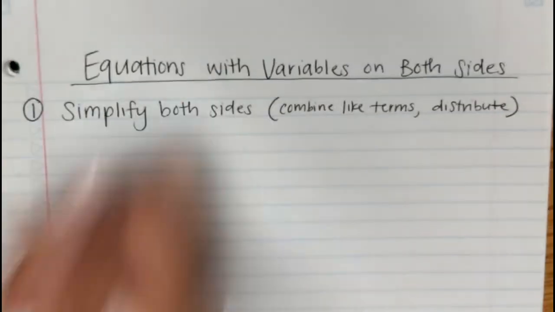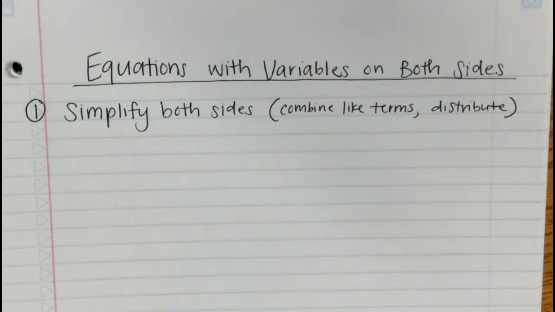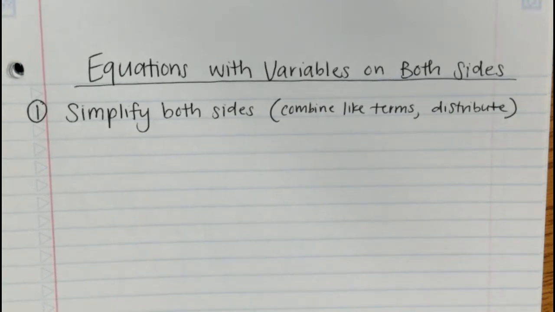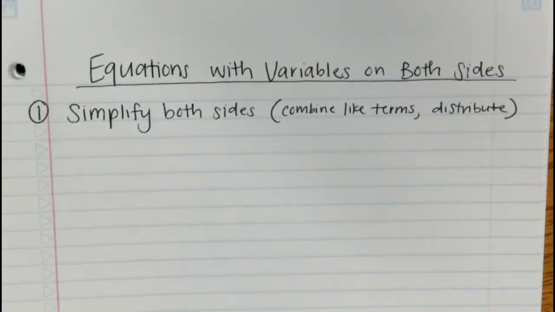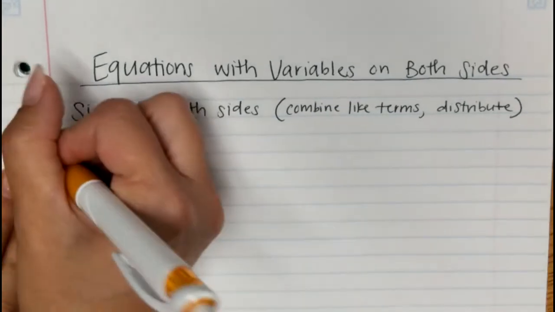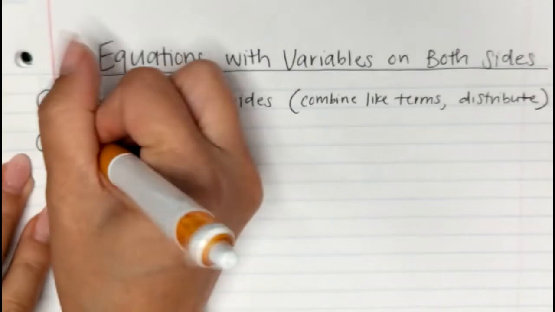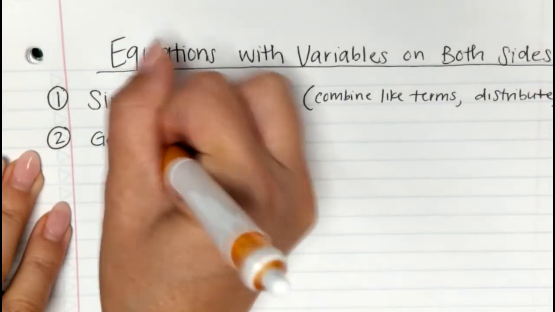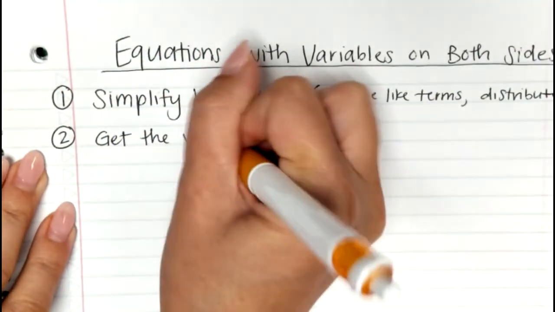Once you've done that, there will still be two variables, one on each side. So what you need to do is get the variable on one side.